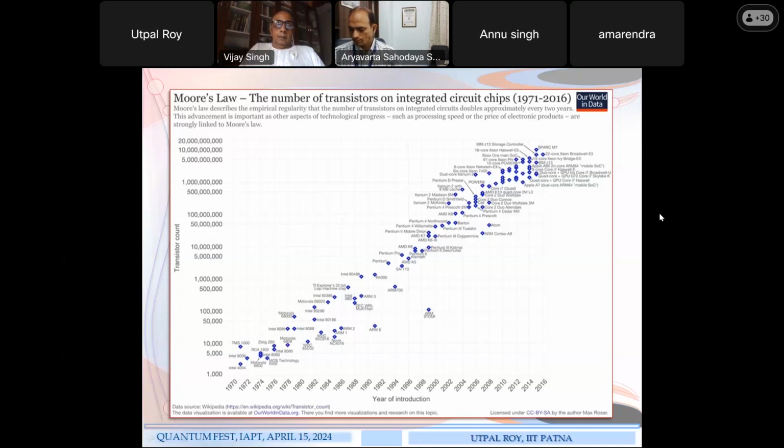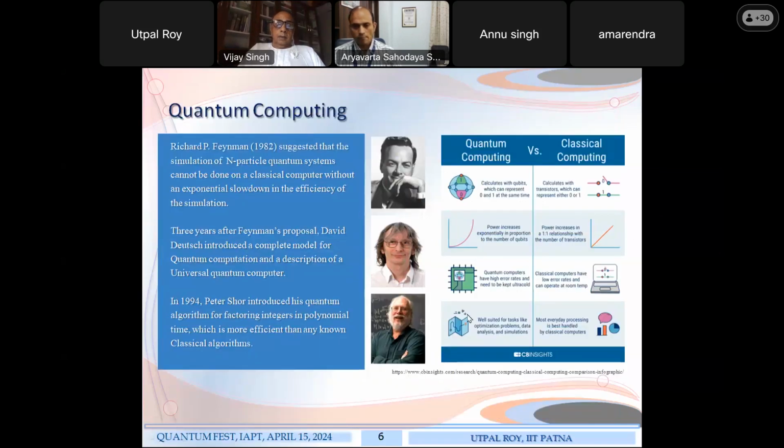So that is what is happening: people have been trying to have physical systems where they define a bit in a quantum system, and then things go on in a similar way. But this is unavoidable because you cannot improve the efficiency of the processor anymore, and you have to go into the quantum domain. So here is some history of quantum computing.